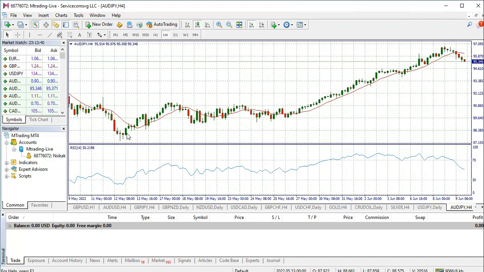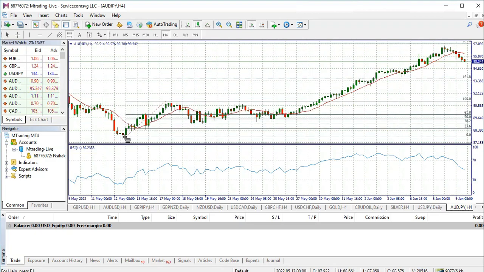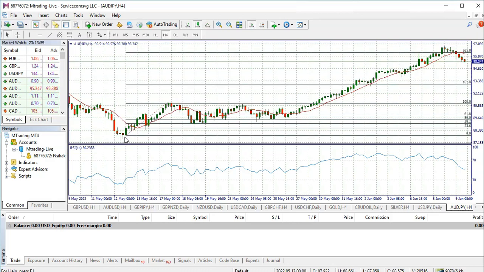So you pick the Fibonacci tool, place it at the higher high, and drag to the lower low.